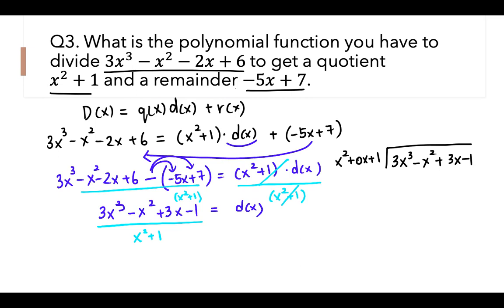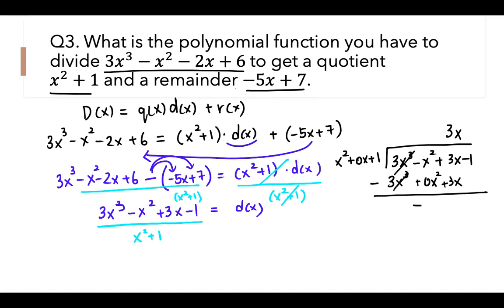So 3x cubic divided by x squared is going to be 3x. So I will be aligning with the same degree, 3x cubic plus 0x squared plus 3x. You subtract, so it cancels out.